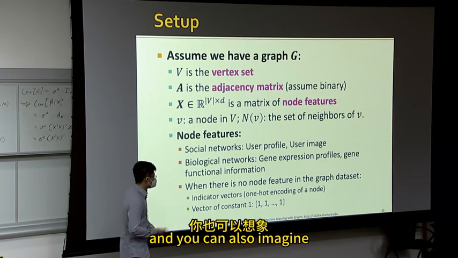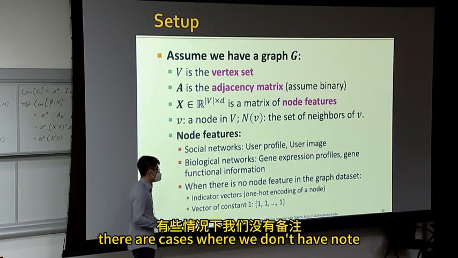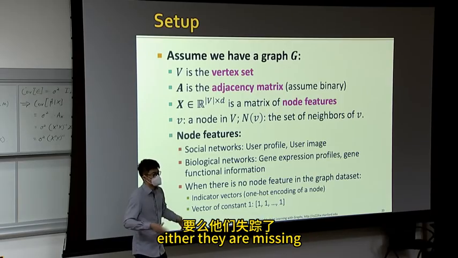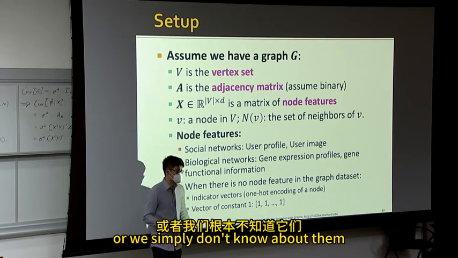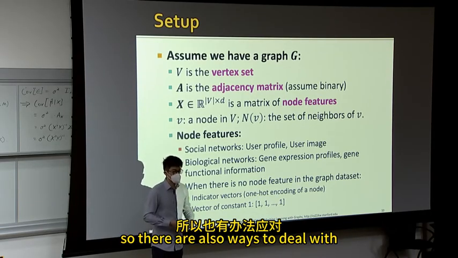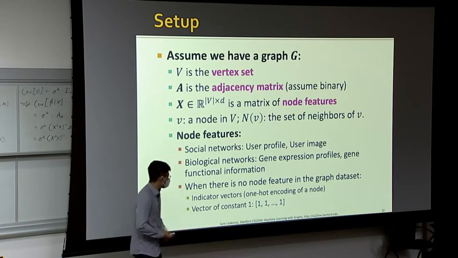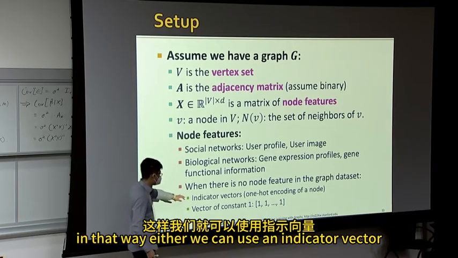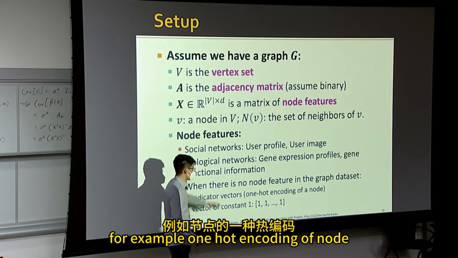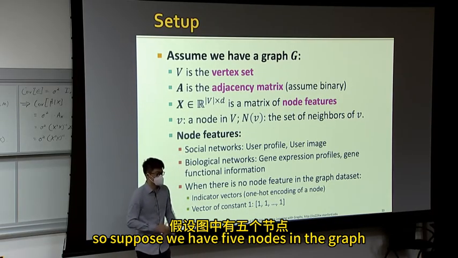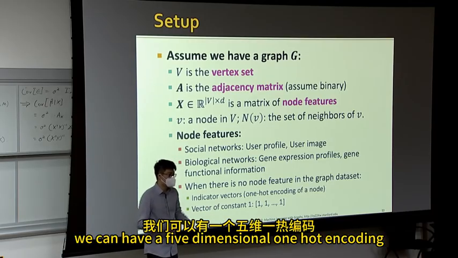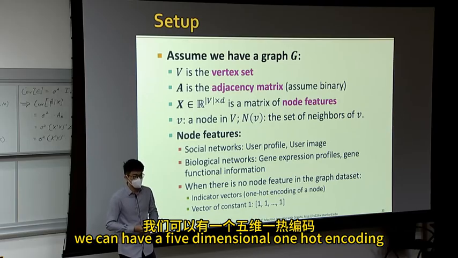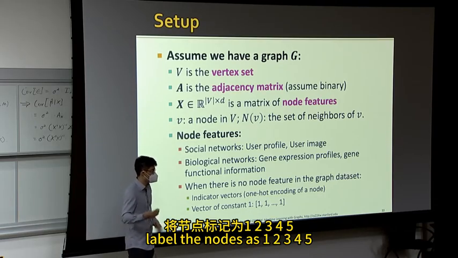And you can also imagine there are cases where we don't have node features in the graph dataset. Either they are missing or we simply don't know about them. So there are also ways to deal with that kind of failure case. Either we can use an indicator vector, for example, one hot encoding of nodes. Suppose we have 5 nodes in the graph, we can have a 5-dimensional one hot encoding, labeling the nodes as 1, 2, 3, 4, 5.